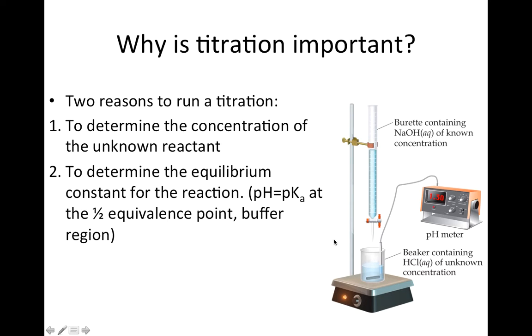This image on the right over here is an illustration of the titration. They've got the analyte sitting in a beaker on a magnetic stirring plate, so here's the stirring rod. We are not going to be using a magnetic stirring plate. We are going to be using an Erlenmeyer flask, so that's kind of triangular shaped.